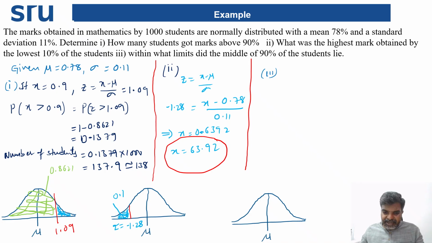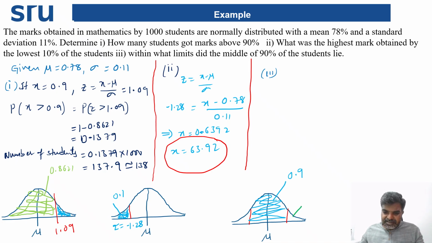Okay, see, the middle 90% of students. So I have to take the middle value, the middle area. Okay, this is the given area. This total value is 90%. 90% means 0.9.